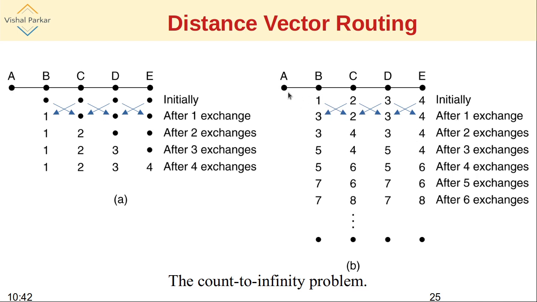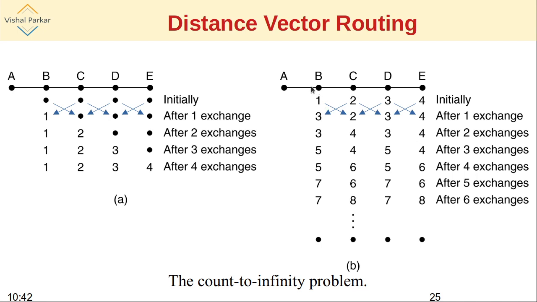So B cannot directly ping A. That's why B has a new distance to A as infinity. But C claims to have a hopping distance of 2 to A, and that will be exchanged to B in the first exchange. So B knows that it cannot reach A directly, but its neighbor C claims to have a distance of 2 to A. But C has calculated its distance to A through B itself.